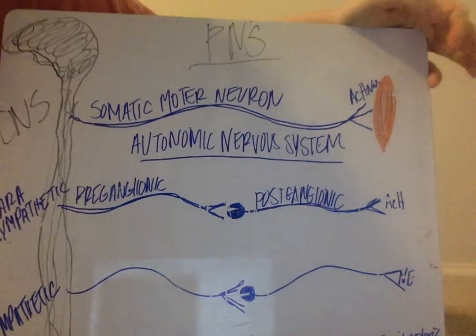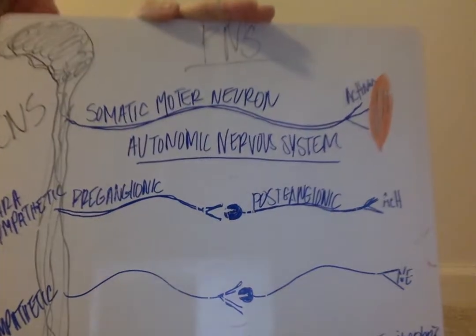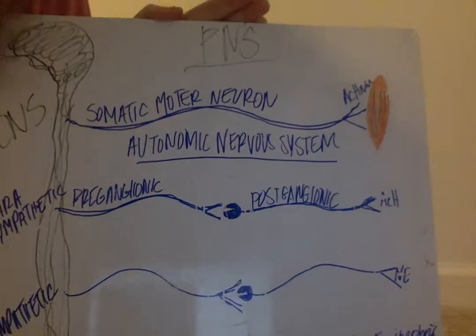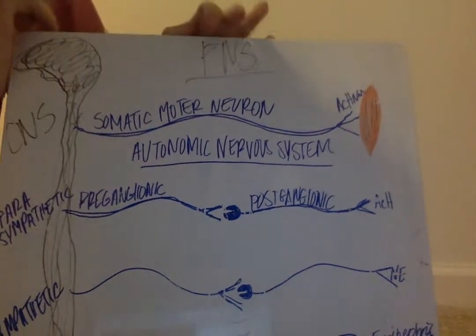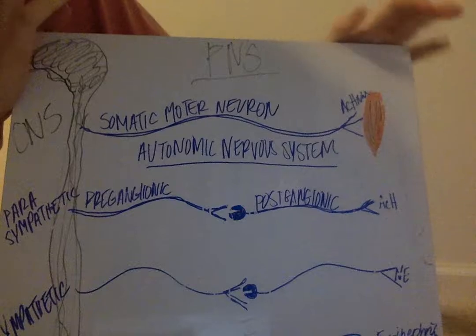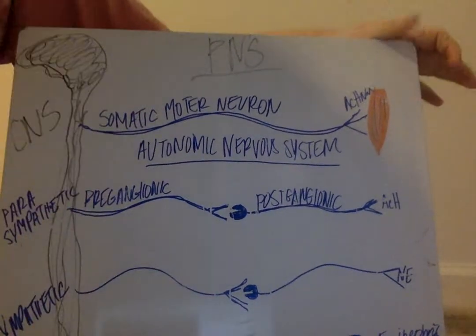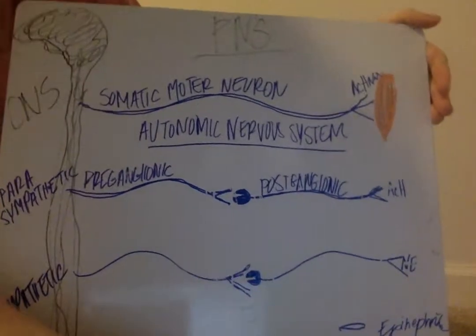M for muscle. So if you introduce a nicotinic agonist into this junction, you're going to cause more profound muscle contractions. So maybe you would use that to treat myasthenia gravis.